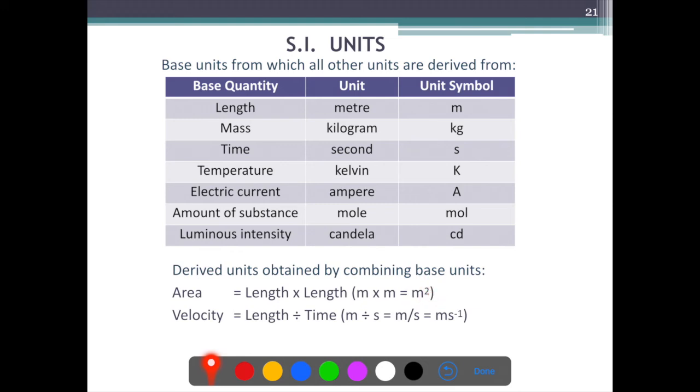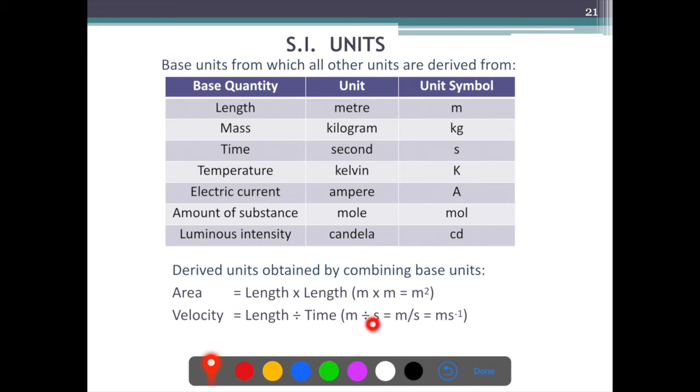Velocity is also a derived unit. Velocity is defined as displacement over time. Displacement is a quantity of length with a unit of meters, and you have time, which has a base unit of seconds. So in deriving the unit for velocity, you simply substitute the units in the equation.